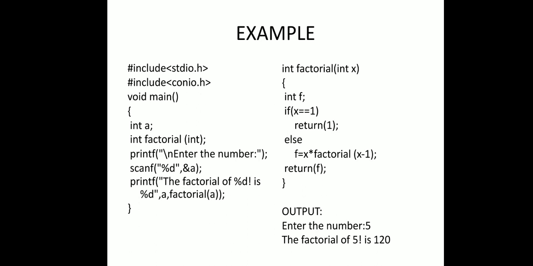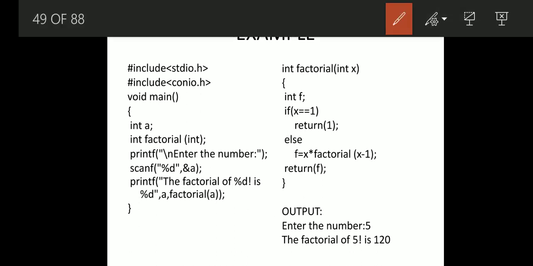If I want to find the factorial of n, I have to go on multiplying n with its previous numbers, n minus 1, n minus 2, and so on up to 1. Till I reach 1, I have to go on multiplying the numbers. So this is the logic for factorial.